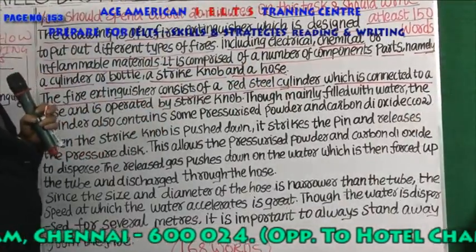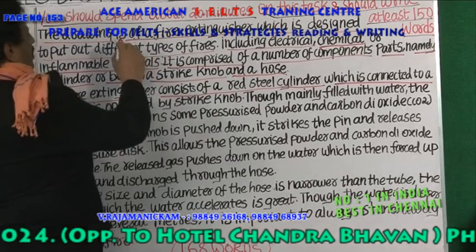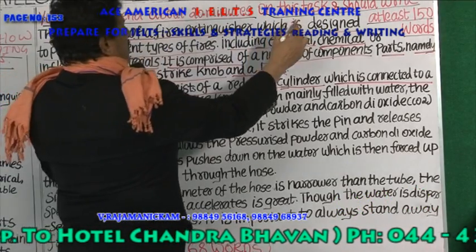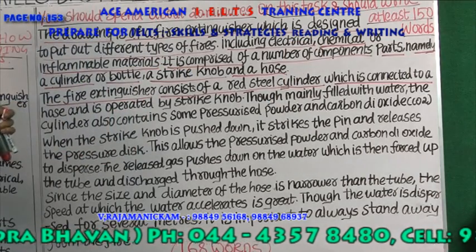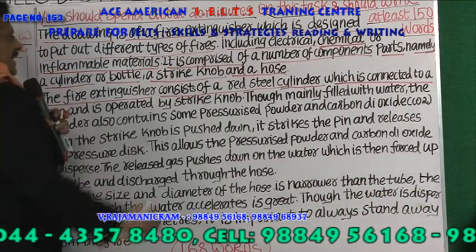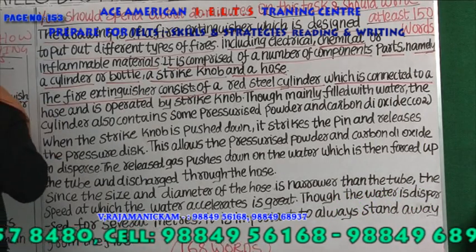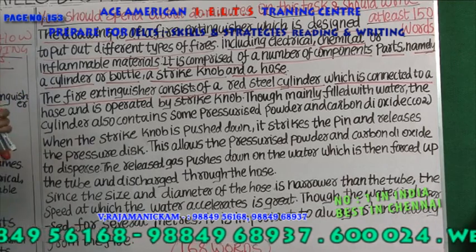My dear friends, whenever you want to go in for a process description, see here the drawing is of a fire extinguisher which is designed. Is designed, this is a passive voice sentence. Then, what else? Is comprised of, it consists of. Once again, you have passive voice sentences used.